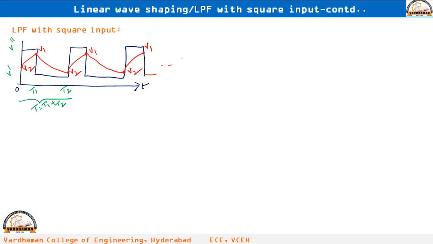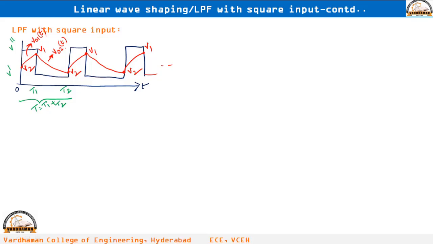Listen carefully, this is a curve, that means it is changing with respect to time. On the x axis time is there, so I am giving a name to this particular curve, V01. Particularly we have to say V01 of t, curve 1 in the output, changing with respect to t. This is curve 2 in the output, changing with respect to time, V02 of t. So first curve, second curve.